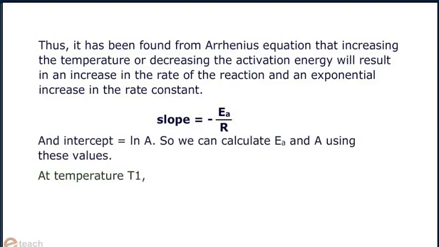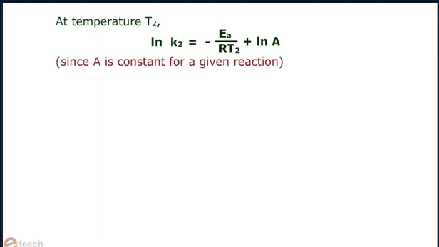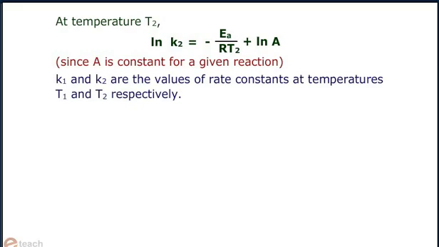We know that at temperature T1, ln K1 is equal to minus Ea upon RT1 plus ln A, and at temperature T2, ln K2 is equal to minus Ea upon RT2 plus ln A. Note that A is constant for a given reaction, and K1 and K2 are the values of rate constant at temperatures T1 and T2 respectively.